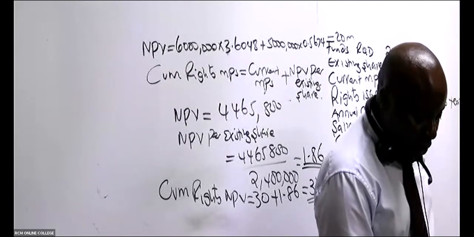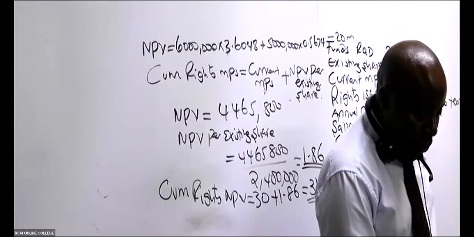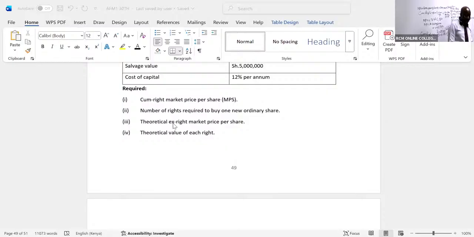So in this next question, what do they want us to do really? They want us to give them the number of rights required to buy one new ordinary share. Write it as a title: number of rights required to buy one new ordinary share.